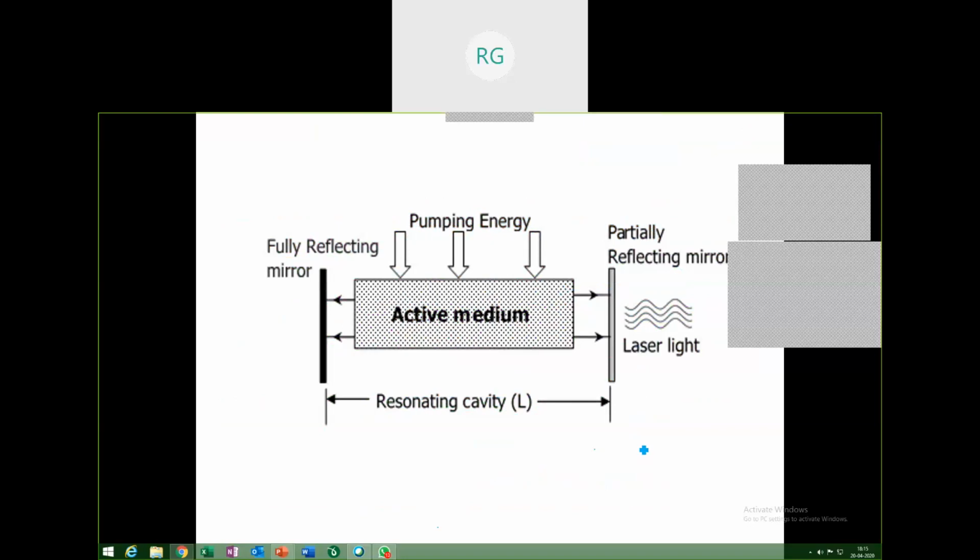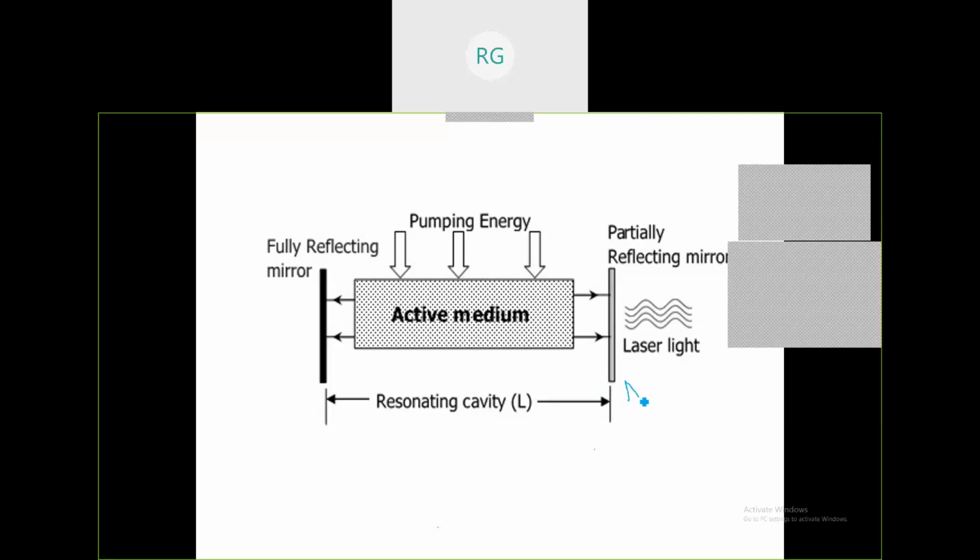So these two mirrors, M1 and M2, how to make them partially reflecting and completely reflecting? What I do is take a mirror like this and coat the back side of the mirror very heavily. Then it is completely reflecting. No light will go out of it. Whatever light falls on it will only be reflected.